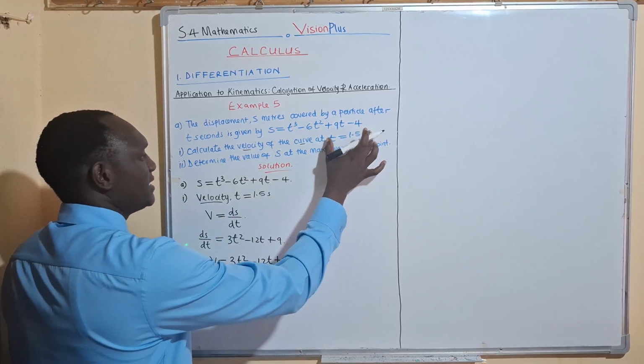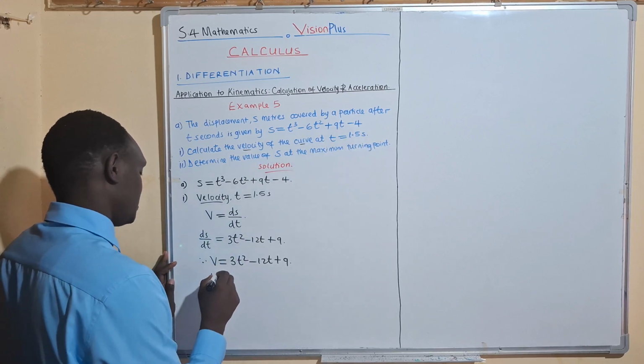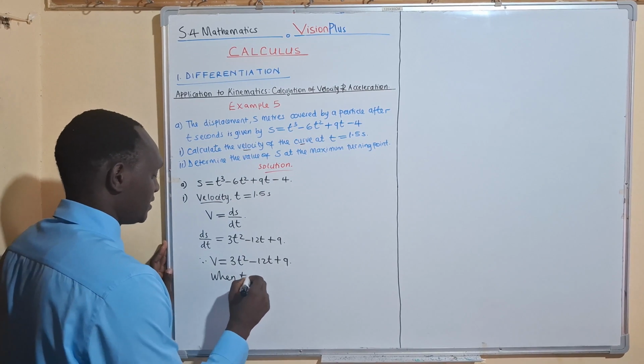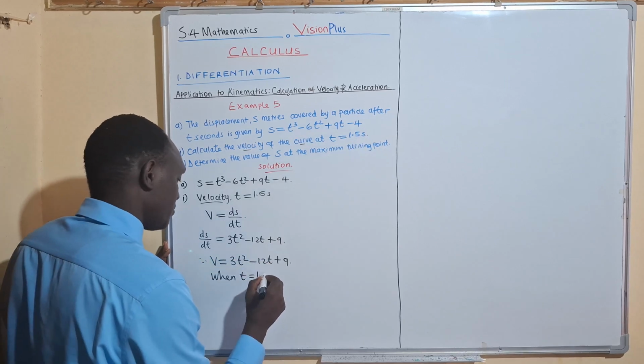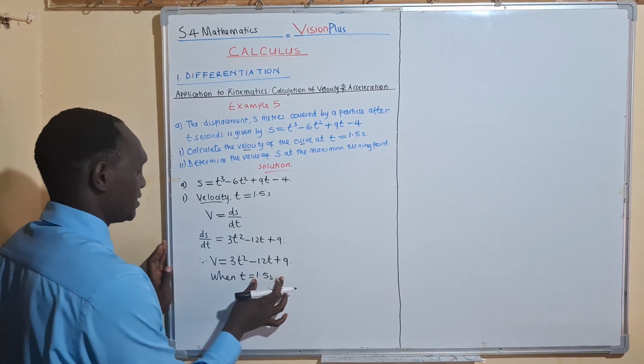Now, what is the velocity when the time t is 1.5 seconds?